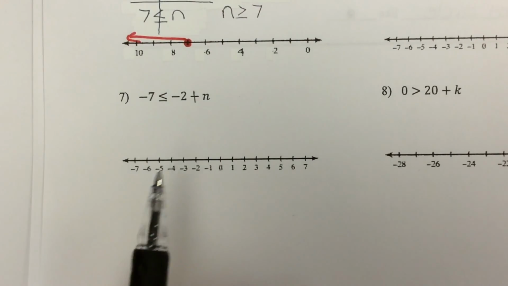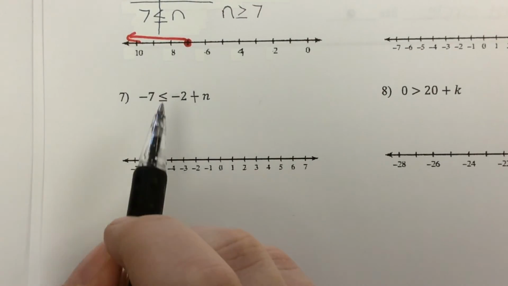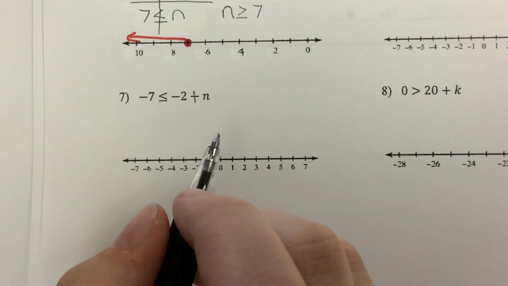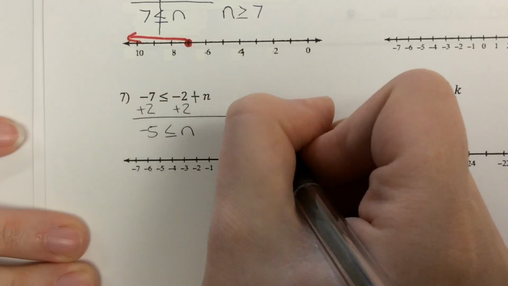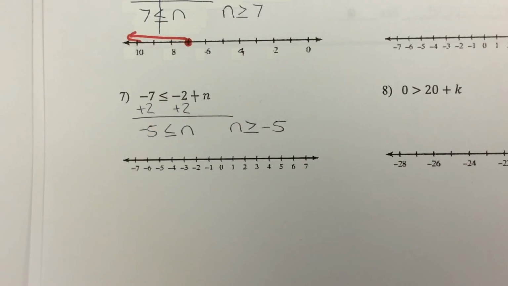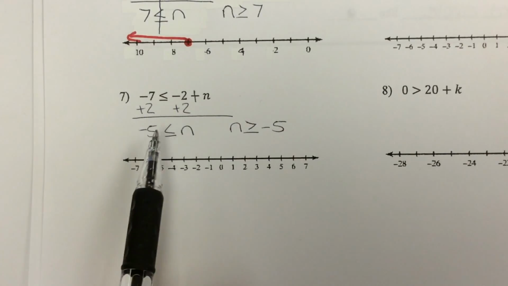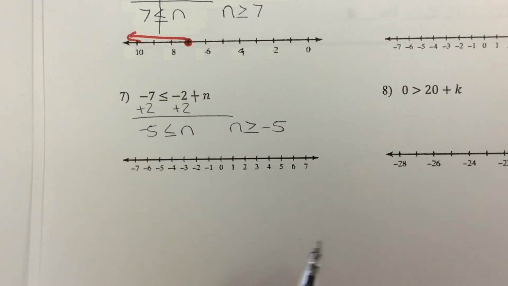Let's get to number 7. I'm going to have you pause the video and try to solve this on your own. Resume it when you think you're done, and we'll go over the graphing. Okay. Hopefully you didn't forget to switch it around so that your variable comes first.